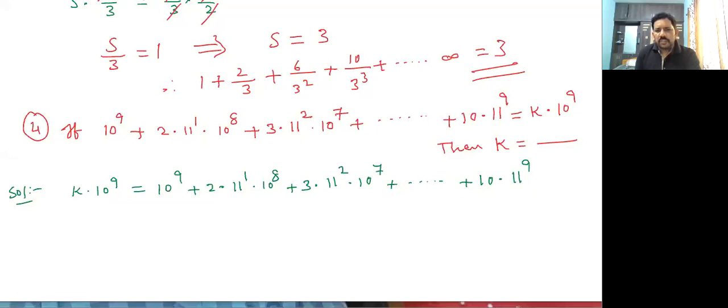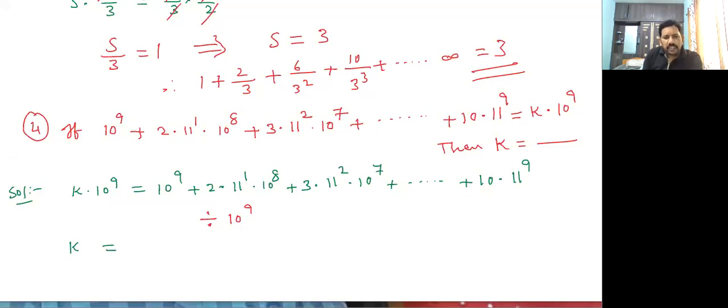Here is one of the series given, and we need to find the k value. See the left hand side, 10 power 9 is there. Divide on both sides with 10 power 9. Then k is equal to, since the left hand side divided by 10 power 9 cancels.